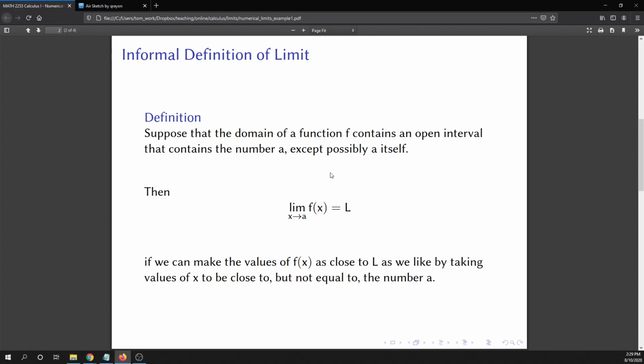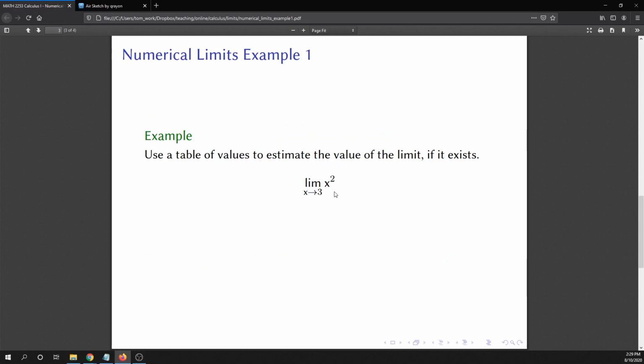So just looking at what that would look like, for our first example, we have the function f of x equals x squared, and we're taking the limit as x goes to 3 of that function x squared.